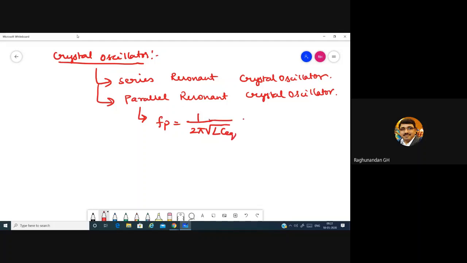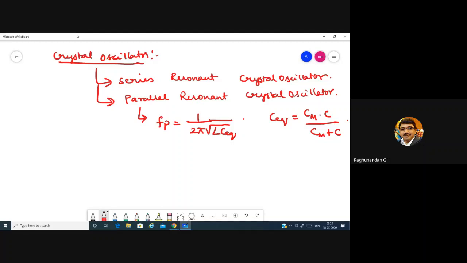Here, since we are considering the mounting capacitance value also, C equivalent will be Cm into C divided by Cm plus C. So even the mounting capacitance value will be considered. But for the series resonant crystal oscillator, the formula is F is equal to 1 by 2 pi root LC.